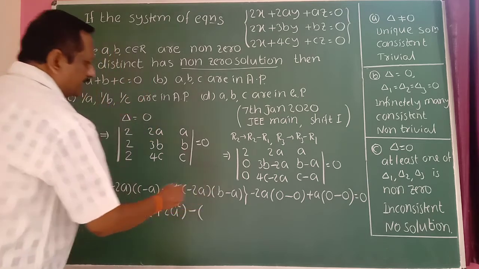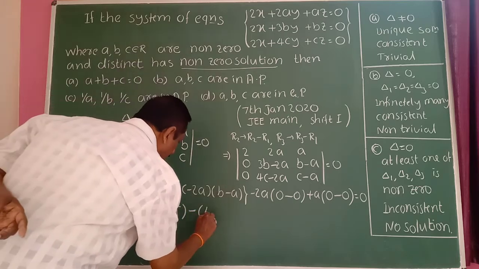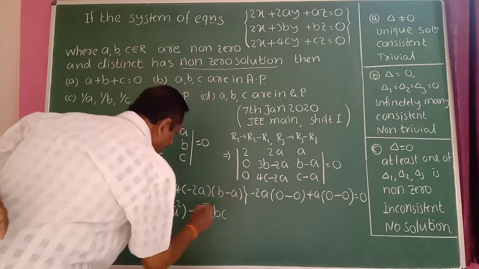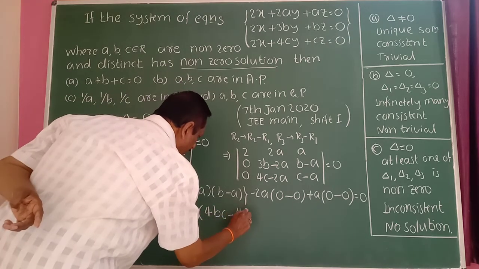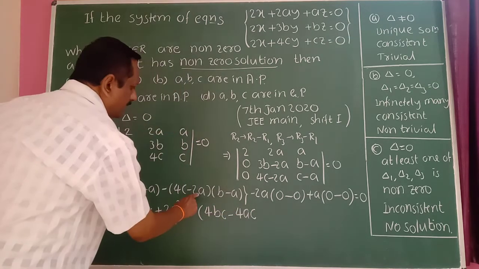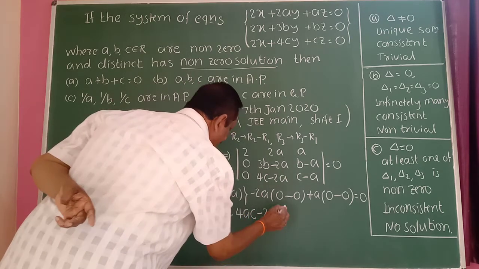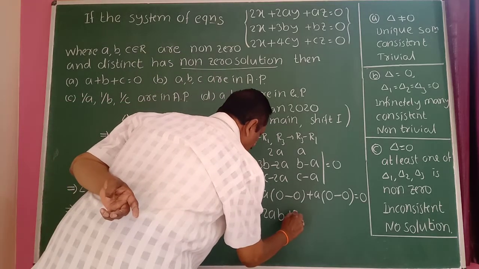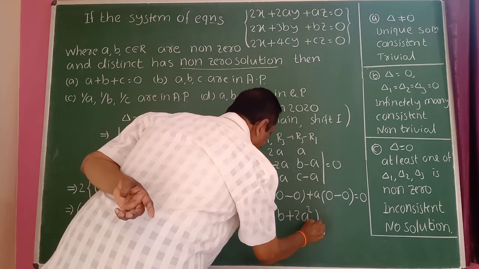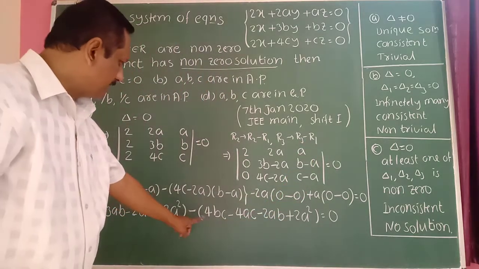Again multiply the terms here. 4c into b, so 4bc here; 4c into minus a, minus of 4ac; minus 2 into b, minus of 2ab; minus 2 into minus a, so plus 2a square, that is equal to 0. Take a minus inside the bracket here.